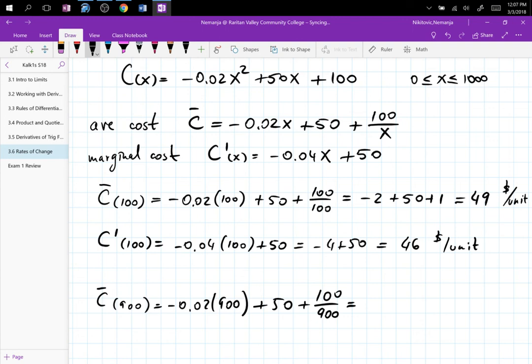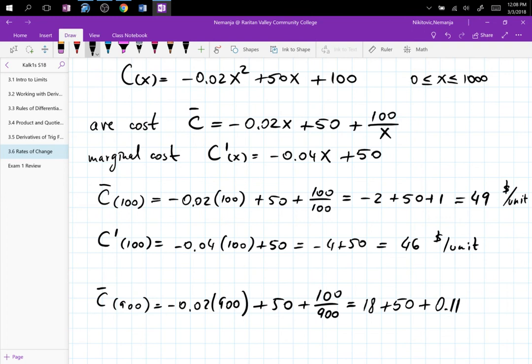That is going to be negative 18, and then plus 50, and then plus 1 over 9. 1 over 9 is 0.1111 forever, so 11 cents.